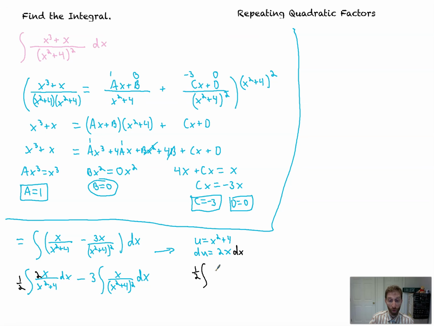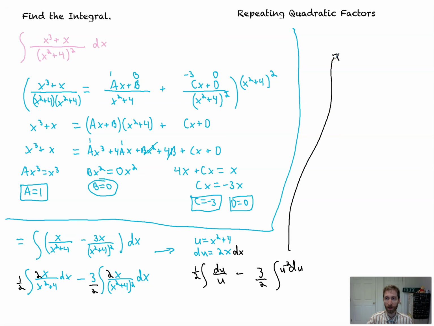So that's going to be just 1 over u. Nice. Minus, we're going to have the 3 integral, same exact substitution actually. We want a 2x, so I put a 2 there over 2. So that's going to be minus 3/2. Again, we've got du over u squared, which would be u to the minus 2. It's the same as over u squared.